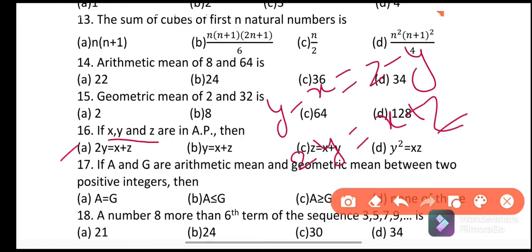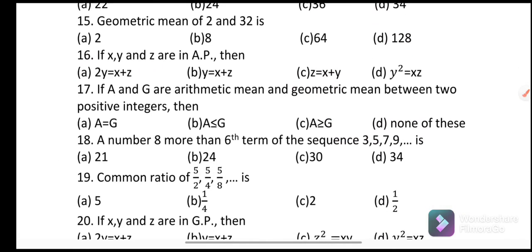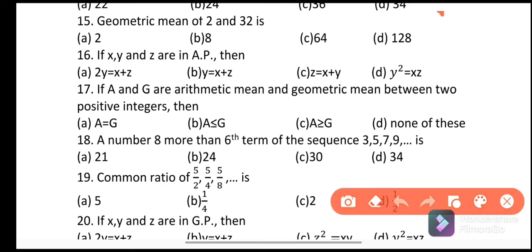So the answer is A option. Next, if A and G are the arithmetic mean and geometric mean between two positive integers, then because the arithmetic mean is always greater than the geometric mean, the answer is C option.